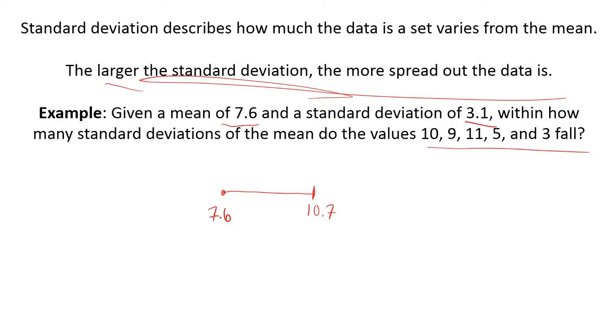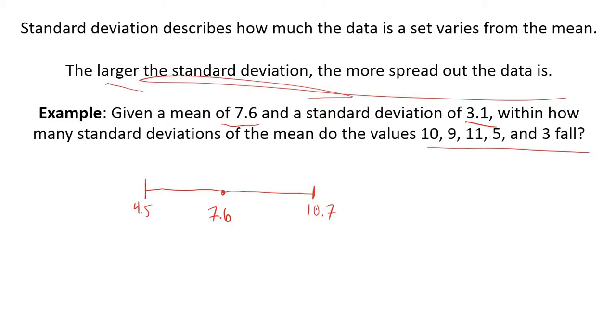So that'd be one standard deviation up. Well, what if I went down one standard deviation? 7.6 minus 3.1, so I'd have 4.5. So everything from 4.5 to 10.7 is within one standard deviation of the mean. Half is above, half's below. You could go down another one, you could go up another one.